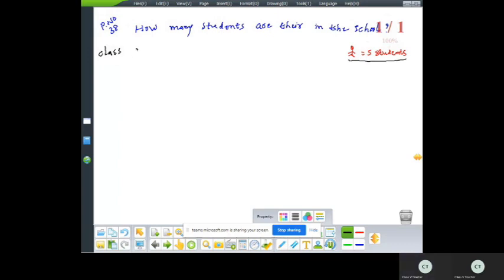Class, number of students in each class, number of students.